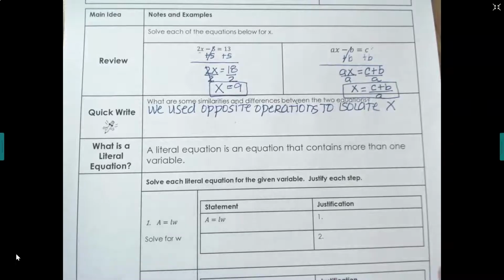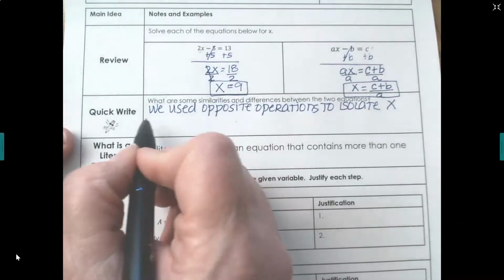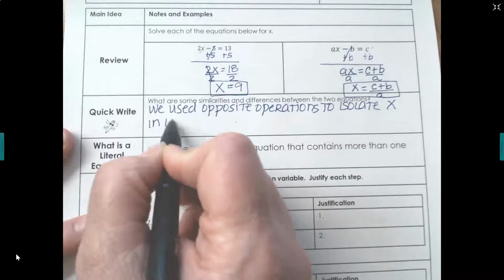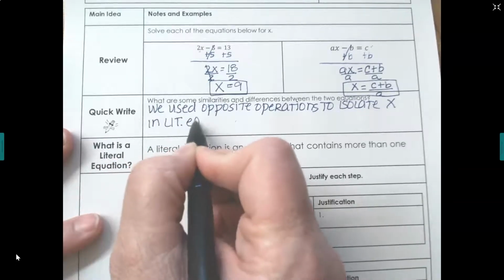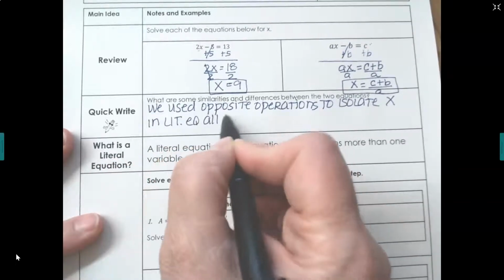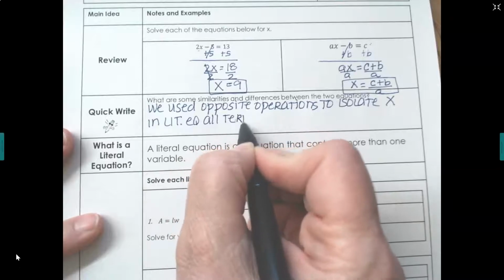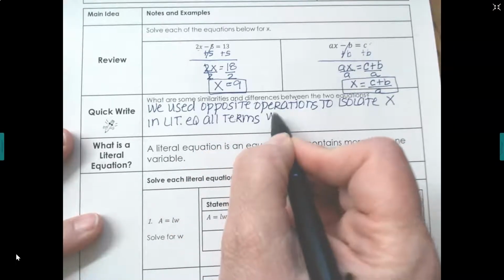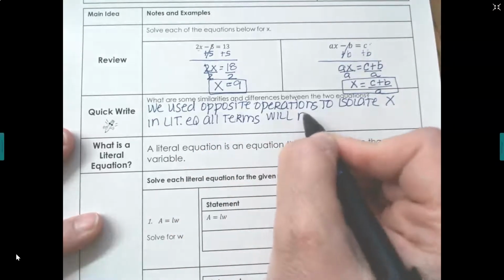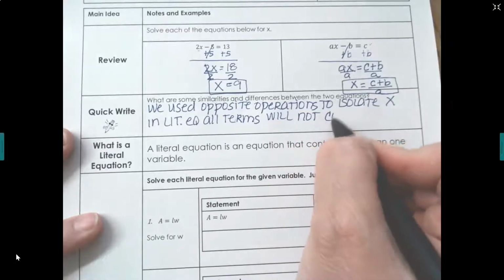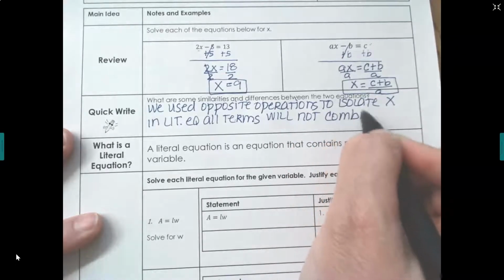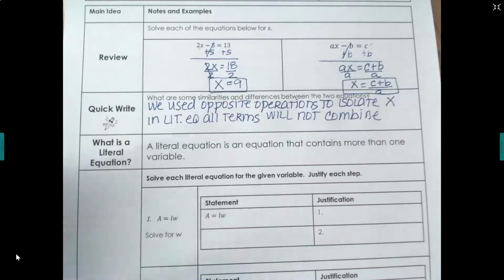But how they're different is in literal equations, all the terms won't combine because they're not like terms. So sometimes it feels a little messier because we're not combining terms along the way.